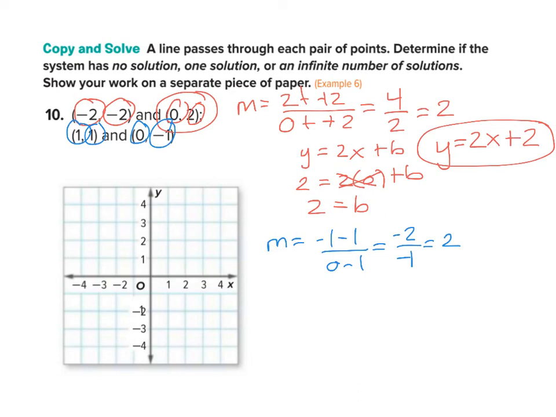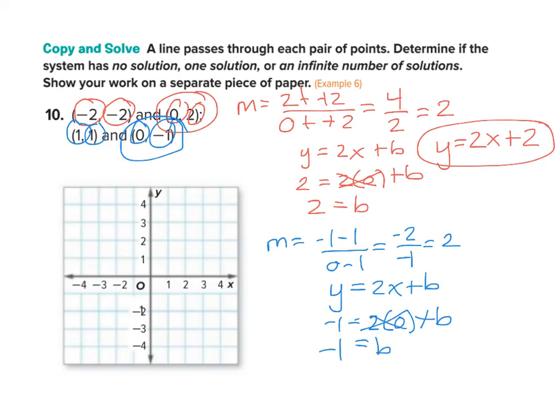So now I can solve for my y-intercept. Y equals 2x plus b. By substituting in the points, let's use 0 and negative 1. Negative 1 equals 2 times 0 plus b. 2 times 0 is just 0, so b equals negative 1.